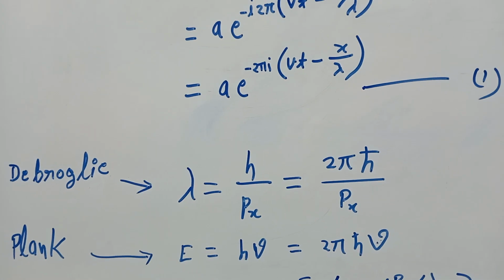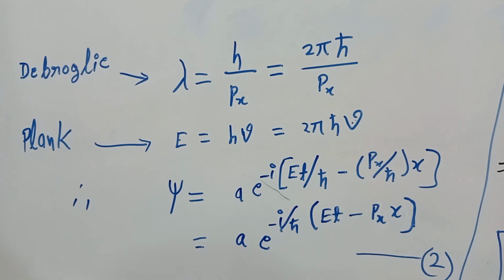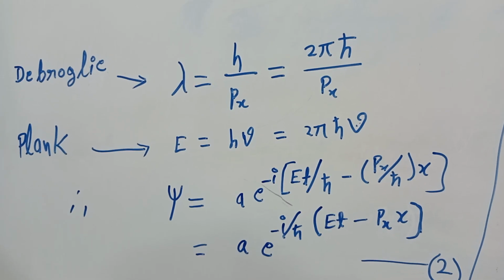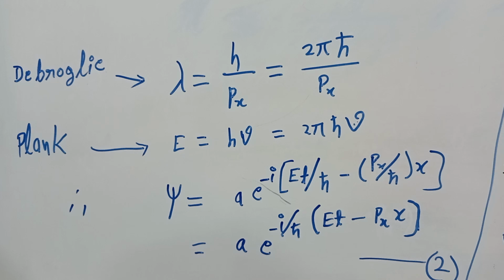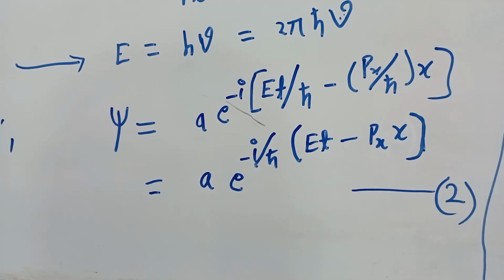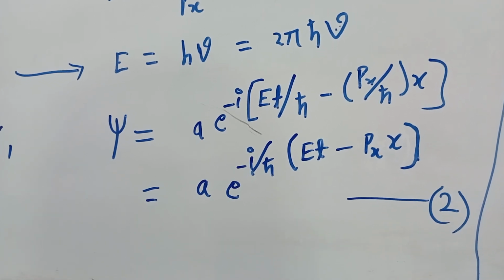Putting these two equations in equation number 1, we get psi equals a e raised to minus i by h cut (Et minus px into x). We say this equation of psi is equation number 2.